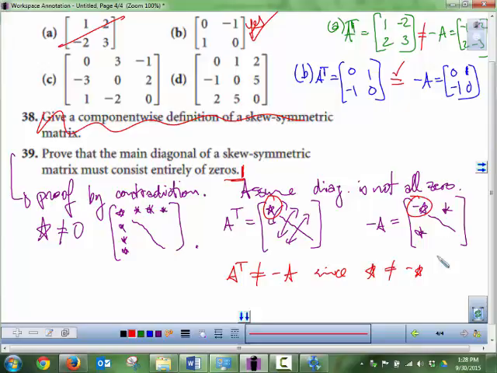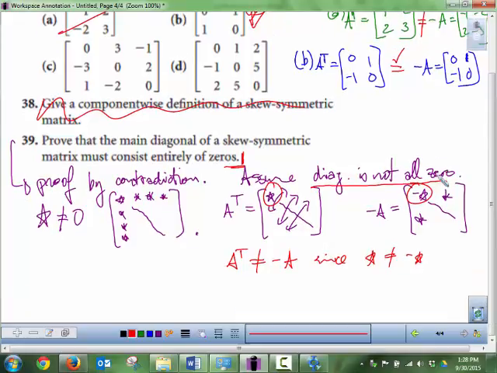The only time that would work is if star was equal to 0. And we assumed that at least one element in the diagonal is not equal to 0. So we assume that star is not equal to 0. So this is your contradiction. This is our symbol for contradiction.